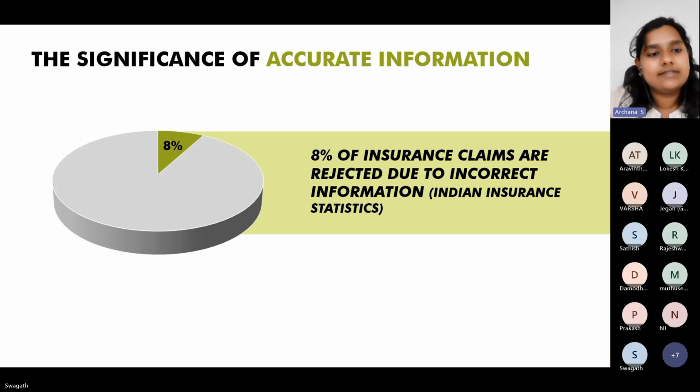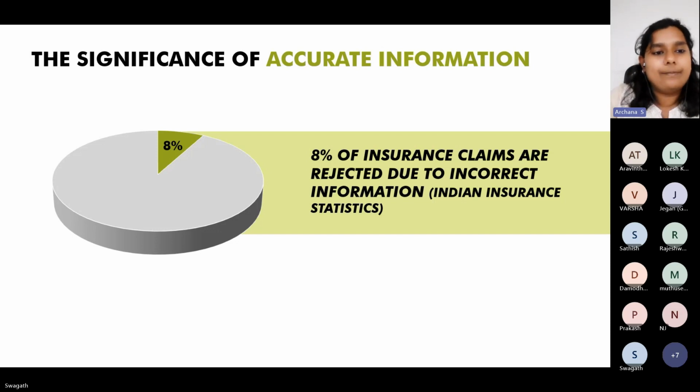But after carefully investigating the policy and the person's death, the insurance company rejected the claim because he didn't mention both histories. Just to go for a lower premium, he misrepresented the information and the claim got rejected.